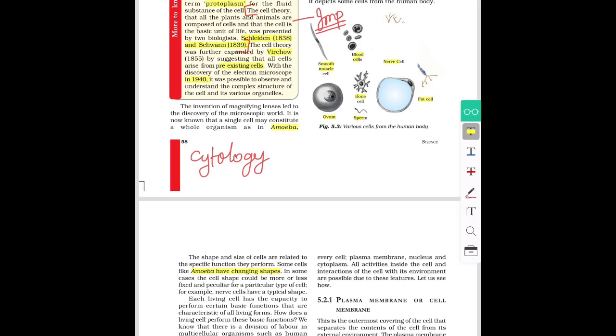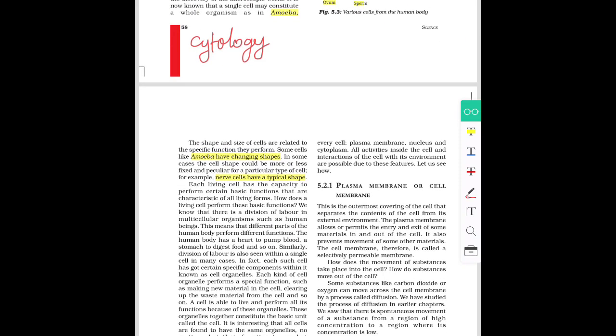In case of other cells, shape would be more or less fixed and particular for a particular type of cell. For example, a nerve cell has a typical shape because its function is to carry nerve impulses and electrical impulses. So according to their function, the cells have different shapes and different sizes.